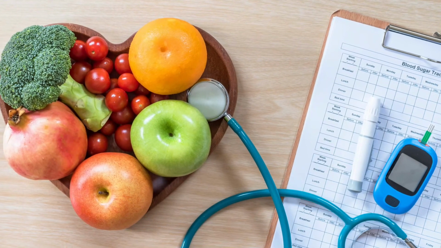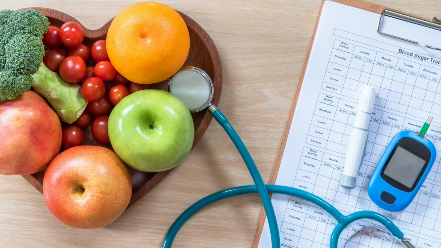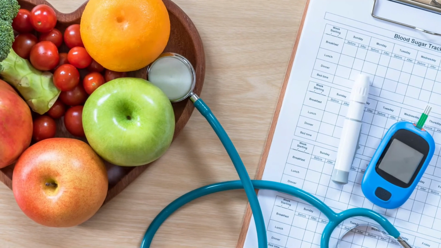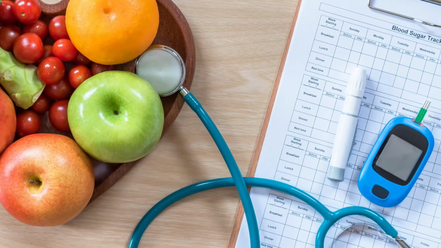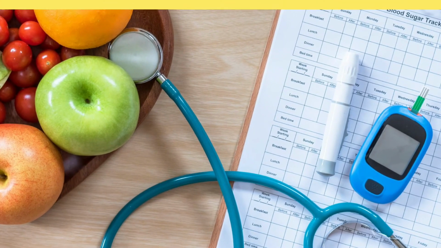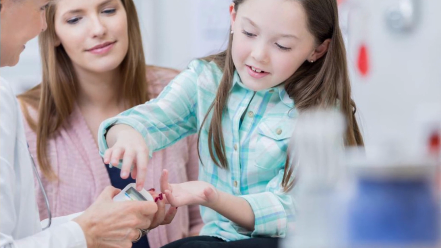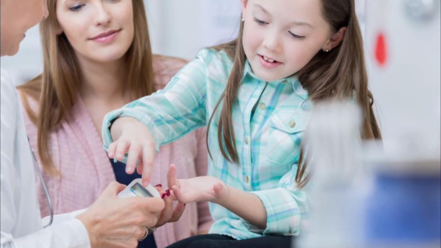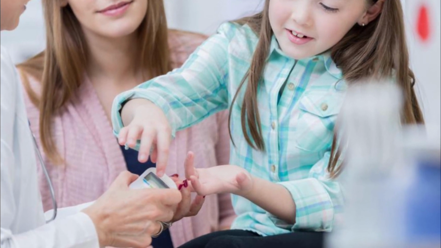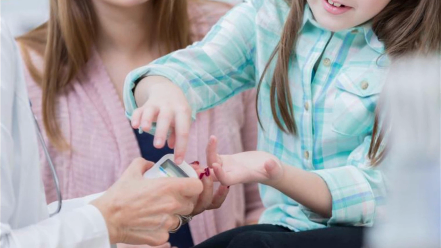Discuss your target A1C goal with your doctor, as it may vary depending on your age and other factors. For most people, the American Diabetes Association recommends an A1C level below 7%. An elevated A1C level may signal the need for a change in your medication, meal plan, and activity level.